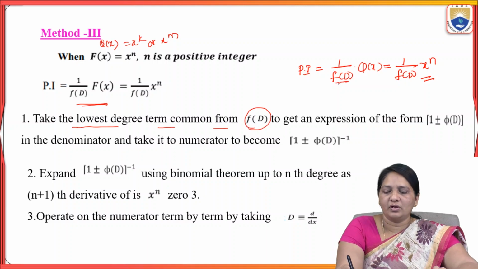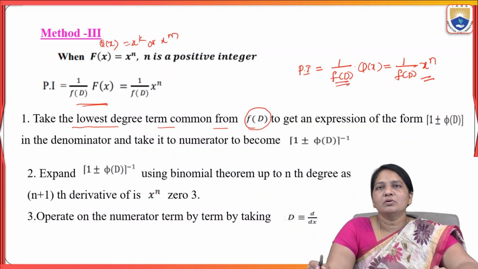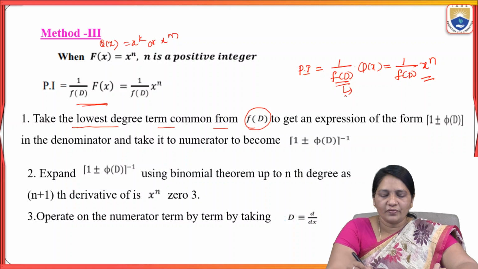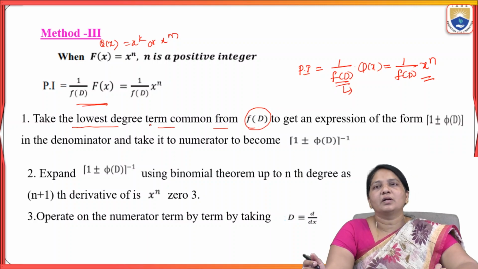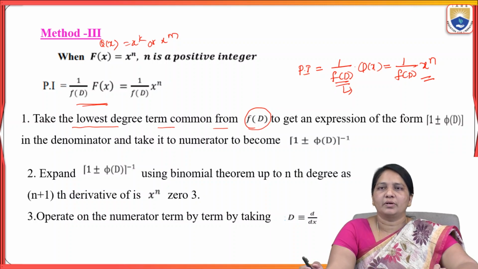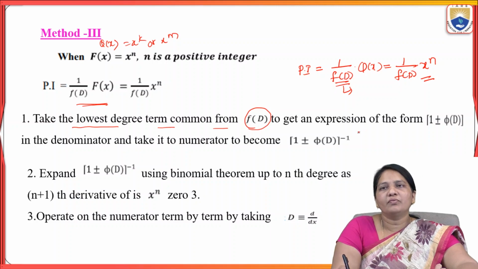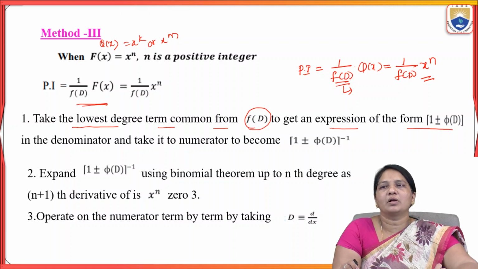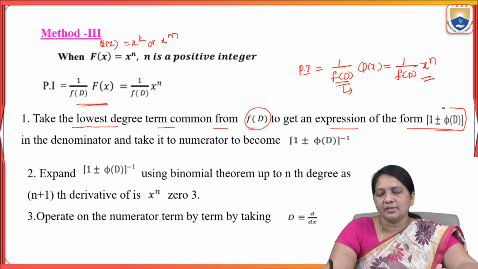We write the equation given in the problem for the f of D part, and from that we take the lowest degree term common. After that we get the expression in the form 1 plus or minus phi of D.